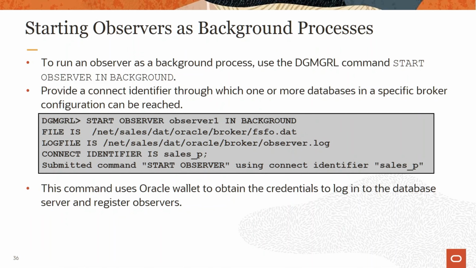You can start observer as a background process using start observer name in background. Then you will see the file and log file information. As soon as you run start observer, it will return the prompt back. This command uses Oracle Wallet to obtain credentials to log into the Oracle database server and also to register the observer.